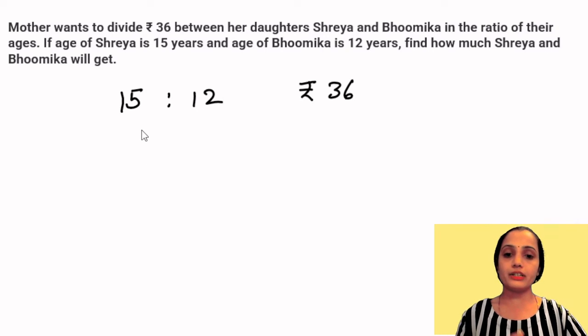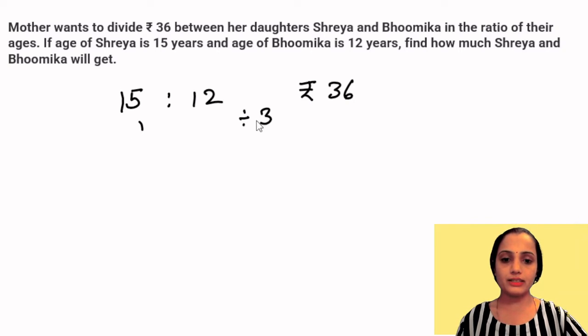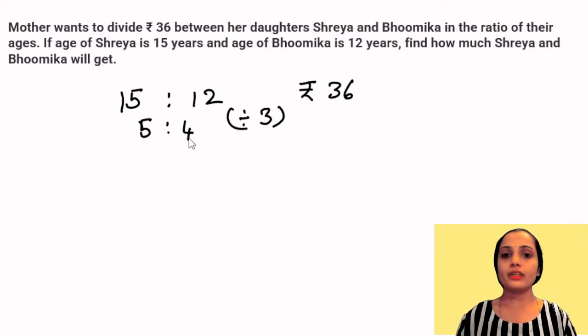Now we have written them in the form of the ratio 15:12. Let's reduce it to get a simpler ratio. Dividing by 3, since 3 is the common factor, we get 5:4. 5:4 is the simplest form of the ratio.